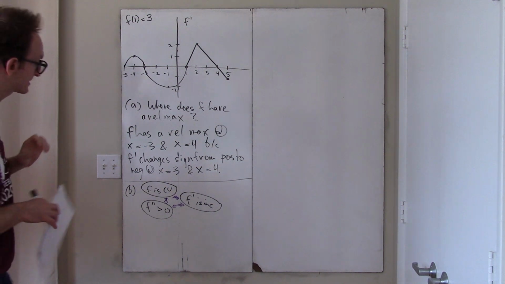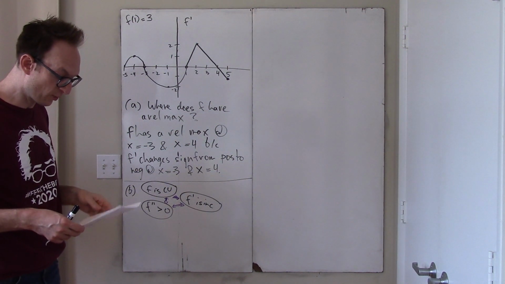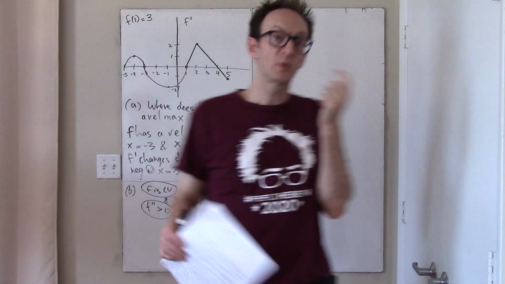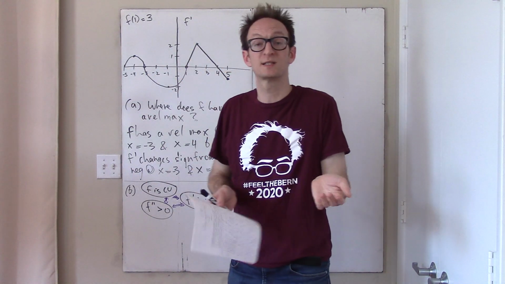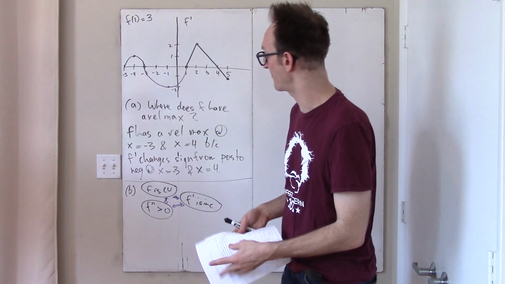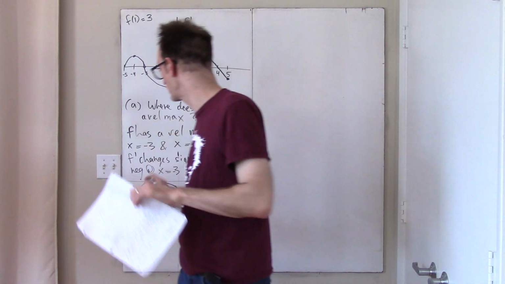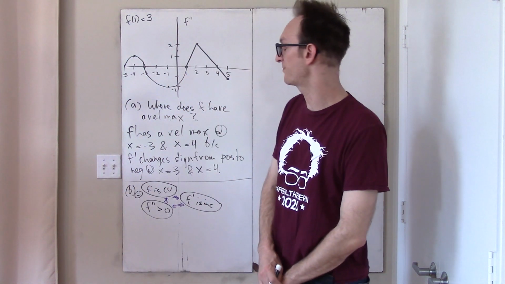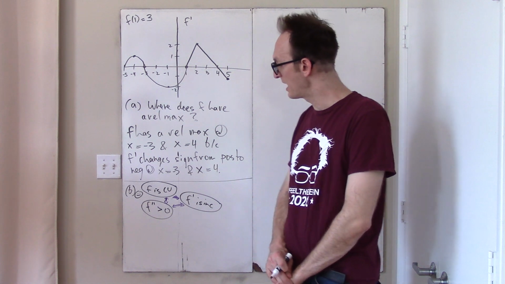In this case, if we want to know a point of inflection, what should we be looking for? Well, we should be looking for where the tangent lines lie below the curve or above the curve to f, but we don't have a graph of f. So it's not immediately clear how to use the fact that f is concave up or concave down.